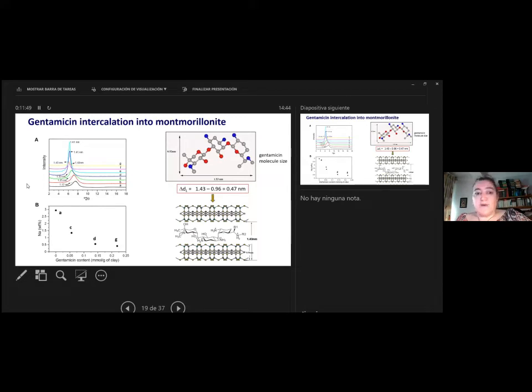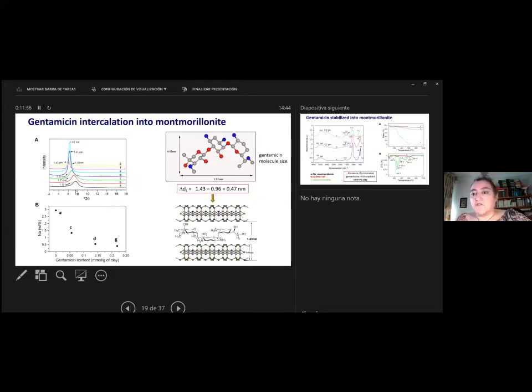In the X-ray diffraction pattern, that is intercalation because of the displacement of the first reflection peak to lower 2 theta angles. When we increase the amount, we observe this shift in the angle, which is related to the intercalation of the organic molecule, because the sodium content in the clay decreases.